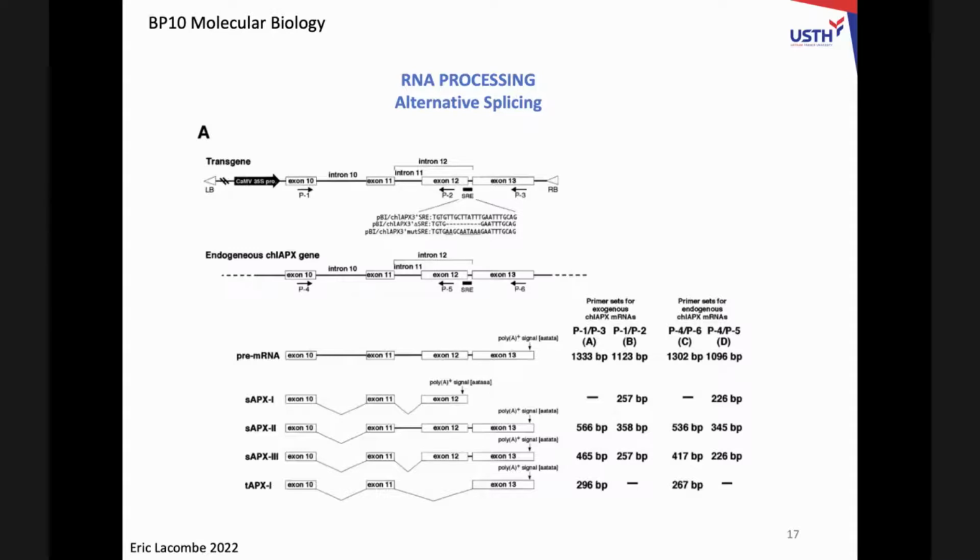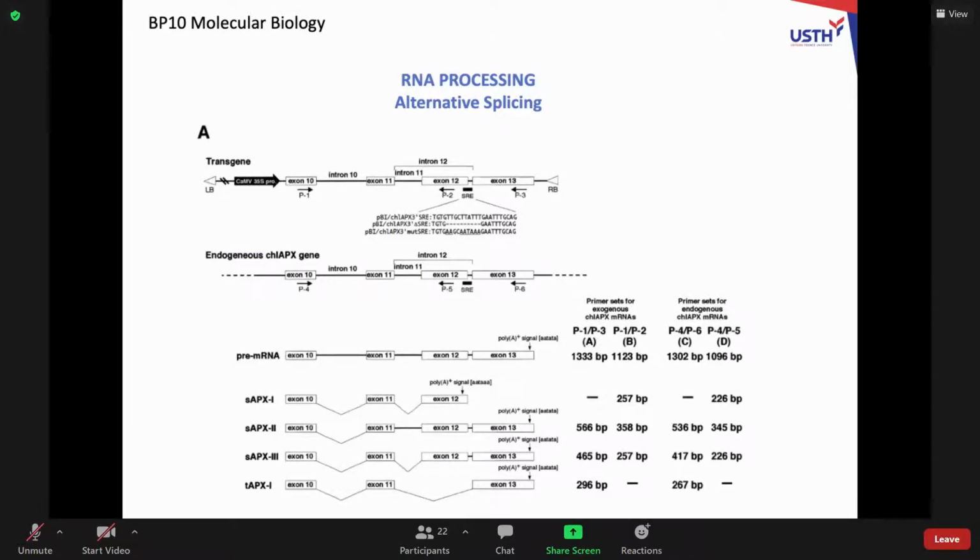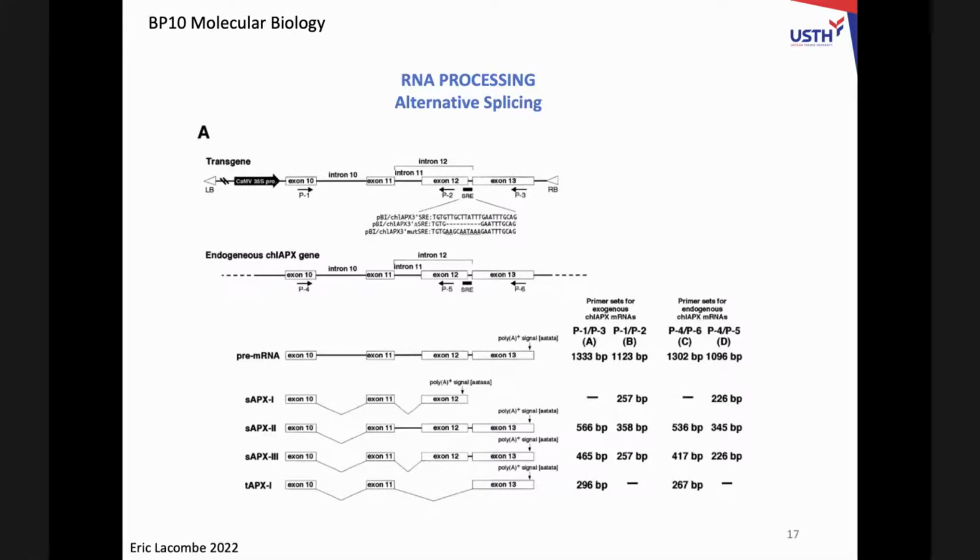Alternative splicing is a way to produce, from a single gene in the genome that is transcribed into one single hnRNA, different types of protein, because some exons or some introns are not removed in the canonical way, let's say.